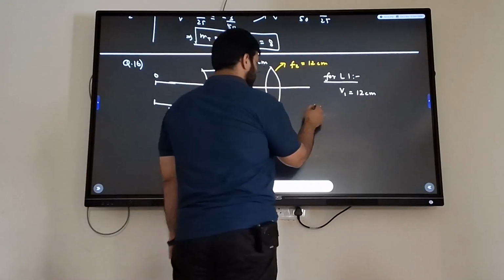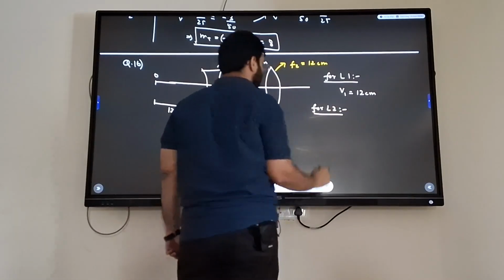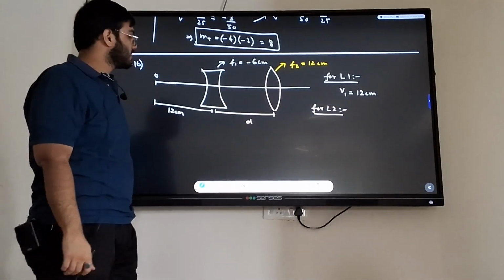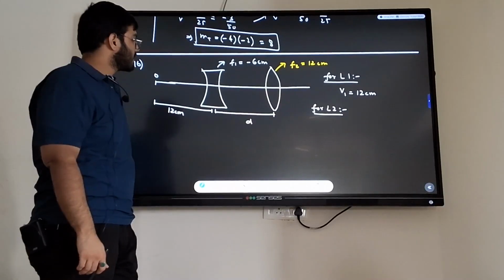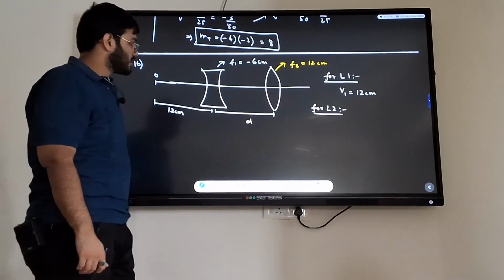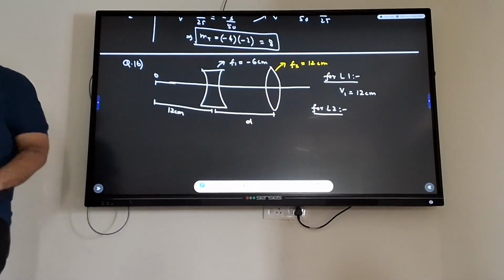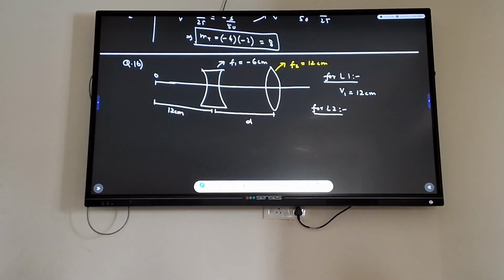But anyways, for L2, what can I write then? Wait. But where is the 12 centimeters from this? Wait. Let me look at the question. An object is placed 12 centimeters to the left of a diverging lens. Find distance d that corresponds to a final image at infinity.